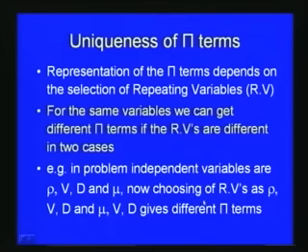If we choose rho V d, we can choose in different ways so that it gives different pi terms. So as we can see, there is no unique set of pi terms which arises from dimensional analysis.